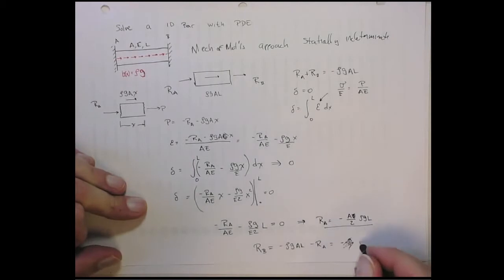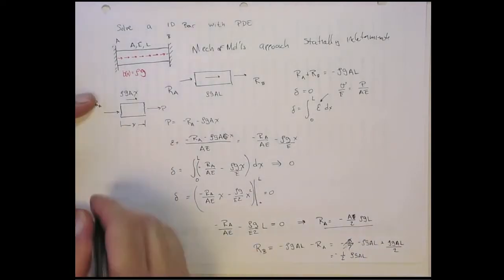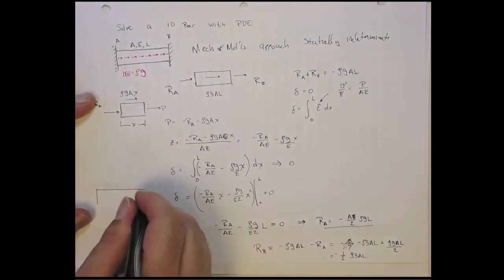I'm always bad with signs. Minus rho GAL minus a minus this, so that's plus rho GAL on 2, and so that gives me a negative 1/2 rho GAL.